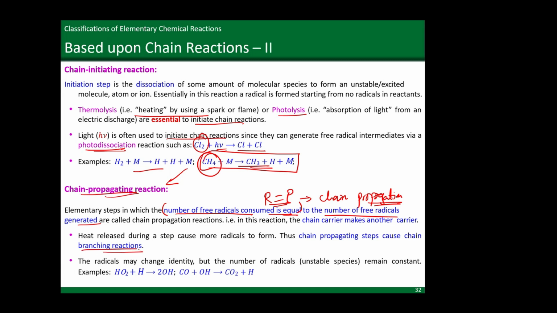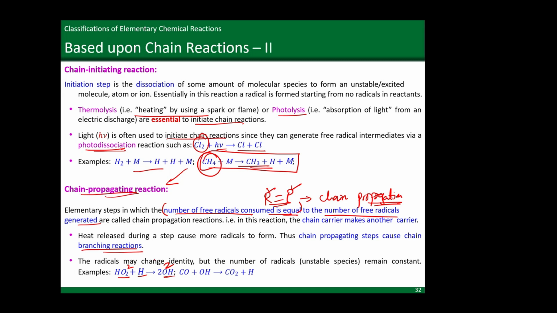Okay, so now let's talk about some examples here. If you have HO2 plus H, both are radicals, two radicals here, HO2 and H. If this gives rise to 2OH, or OH plus OH, you had two radicals on the reactant side, two radicals on the product side. So the number of radicals on reactant and product are the same.